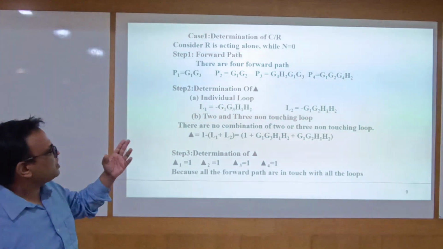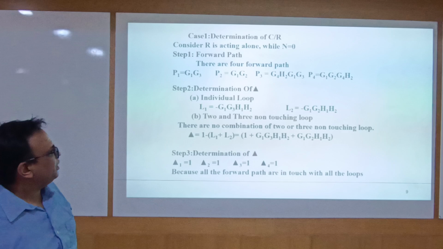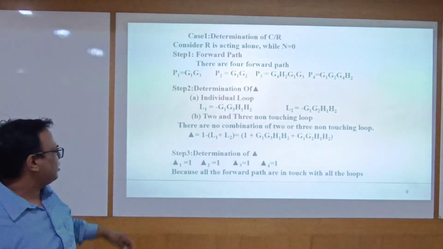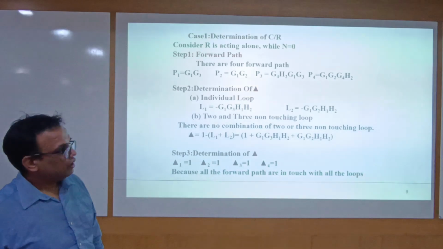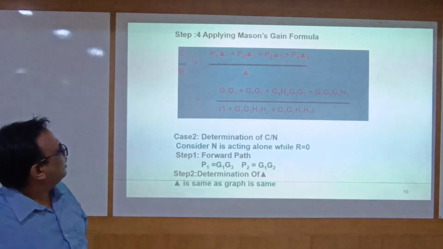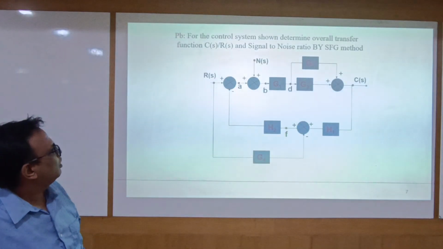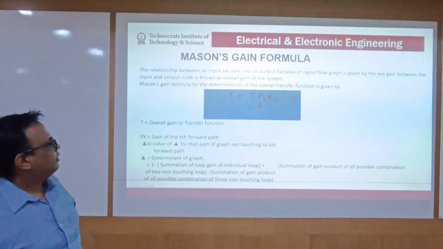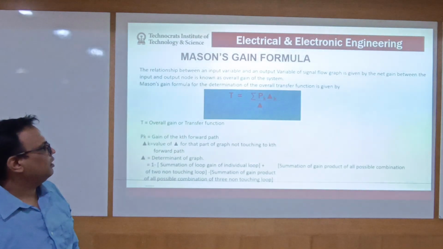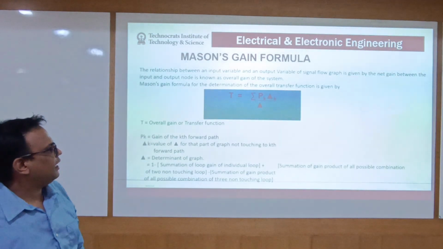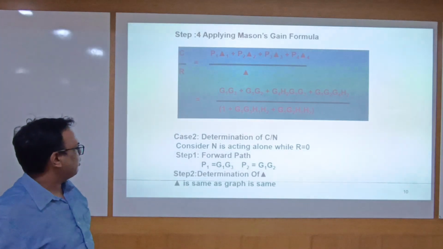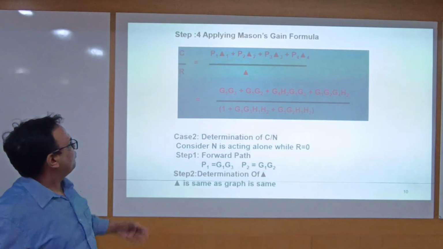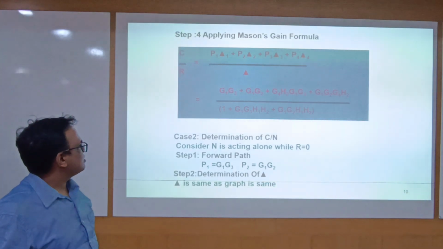The forward paths are P1, P2, P3, P4, that's why our delta k is delta 1 to delta 4 and all values are 1. Then we put our values in our formula: transfer function equal to summation of Pk delta k upon delta. When we put in and solve the values, we find our answer.